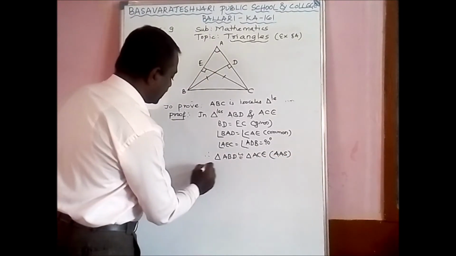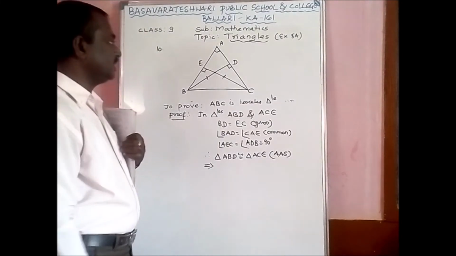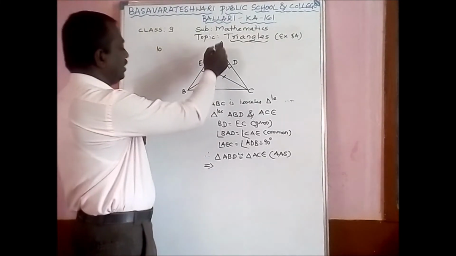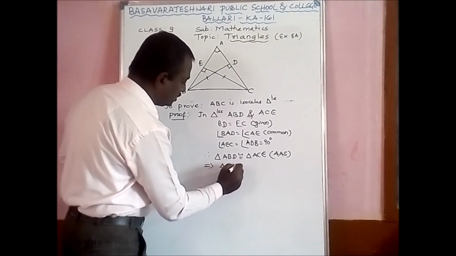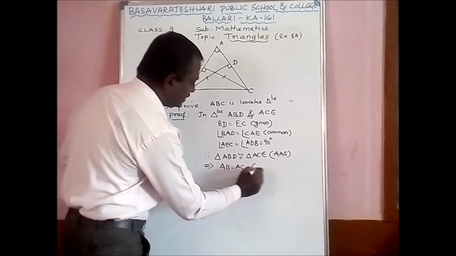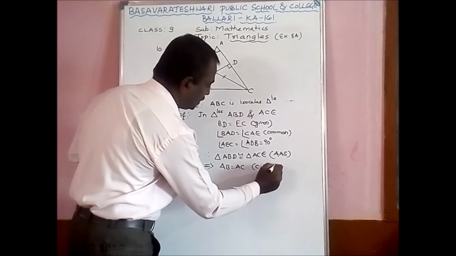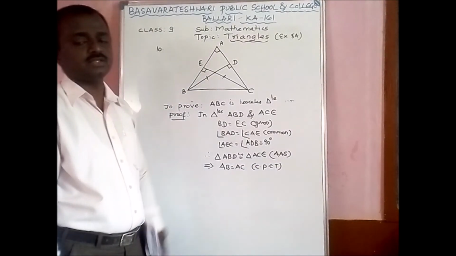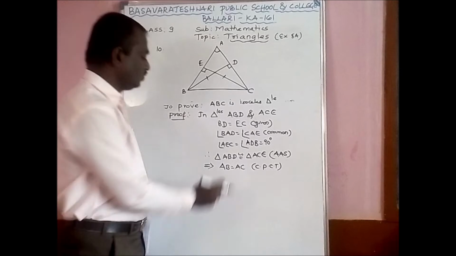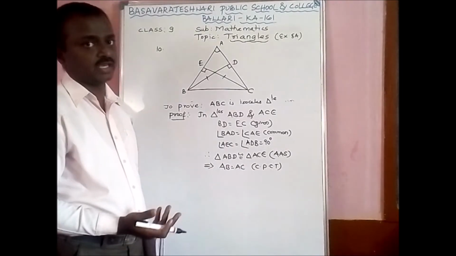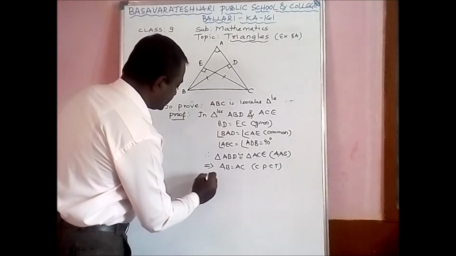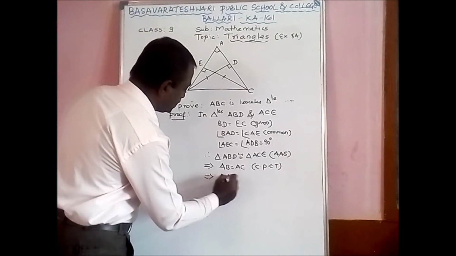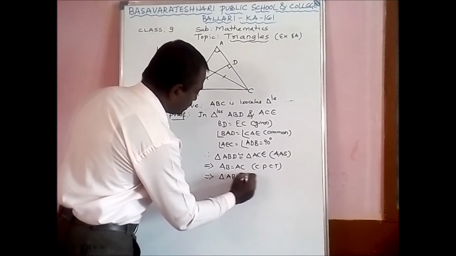So this implies AB is equal to AC, by CPCT. If two sides are equal, definitely we can say it is an isosceles triangle. So this implies triangle ABC is isosceles triangle.